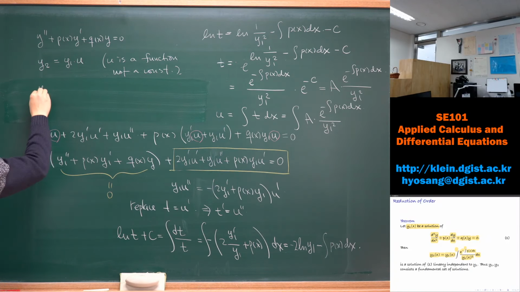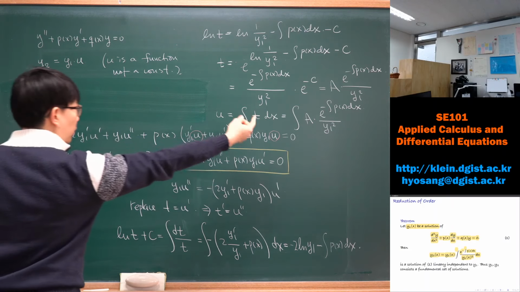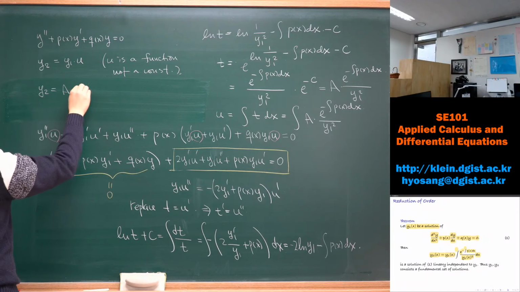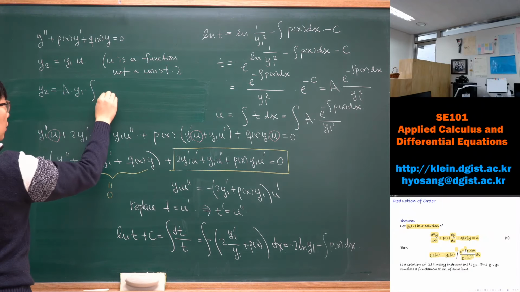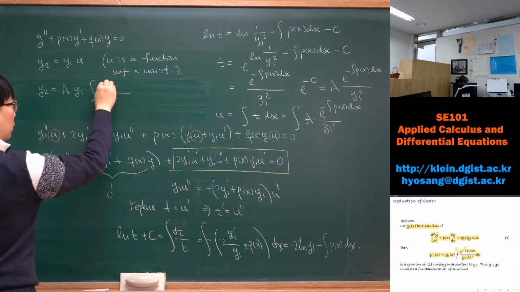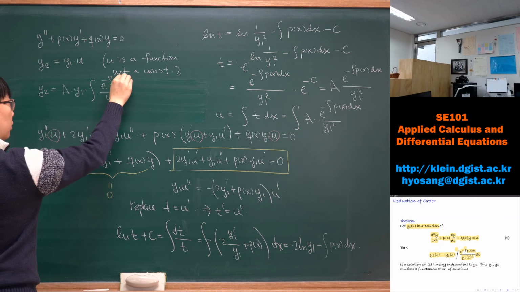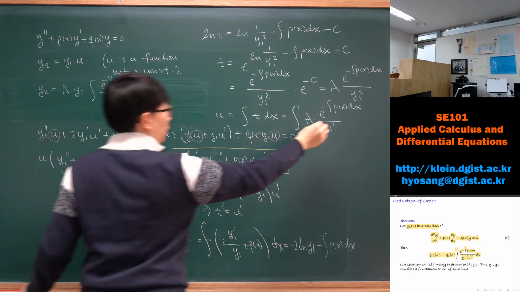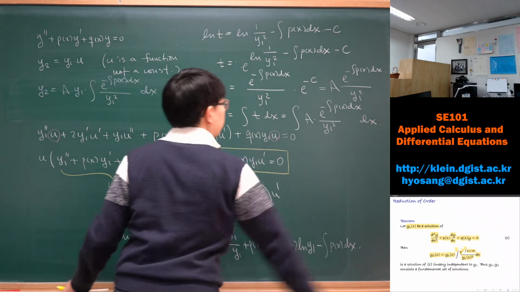So suppose that I get this formula as u, then what I get is a times y1 times the integral of 1 over y1 squared e to the minus integral of p(x) dx, and dx. I'm sorry, there is a dx missing.